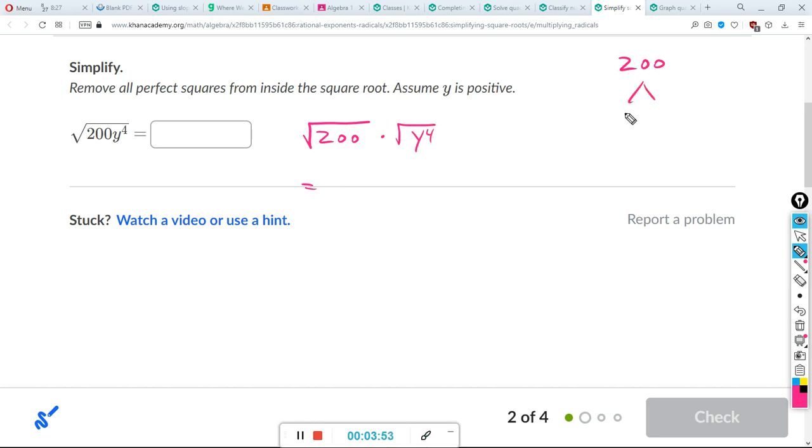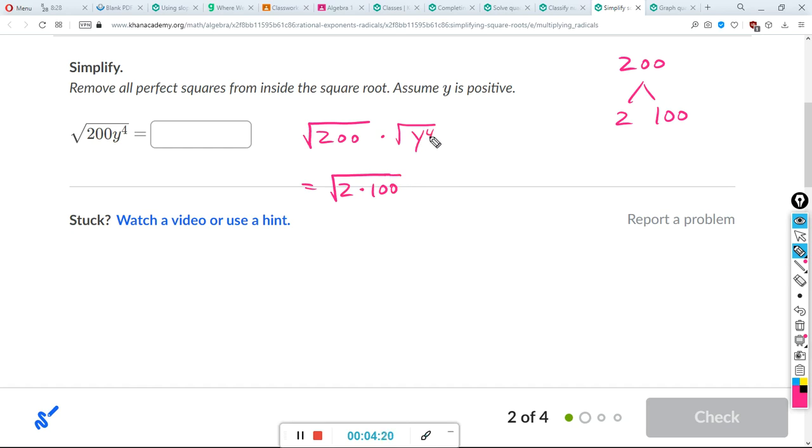You can start wherever you want, but I'm going to start with a 2. 200 divided by 2 is just 100. I'm going to stop there because I already know the square root of 100 is just 10. So in place of radical 200, I'm going to write radical 2 times 100. That's the first part.